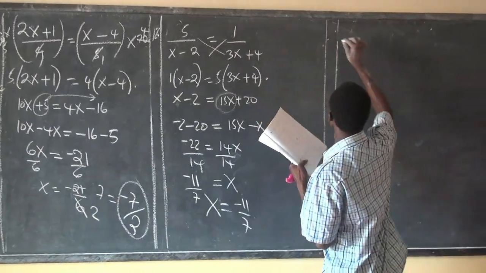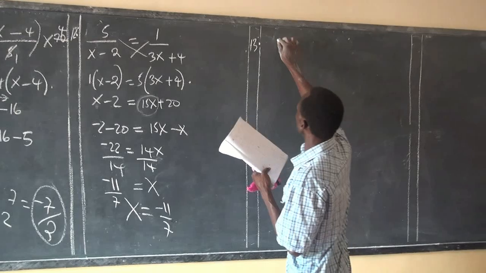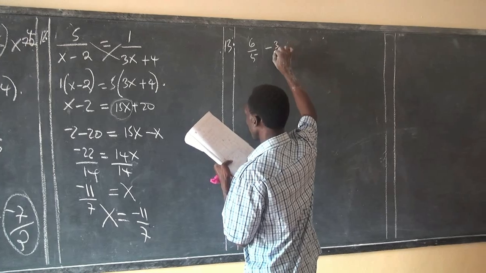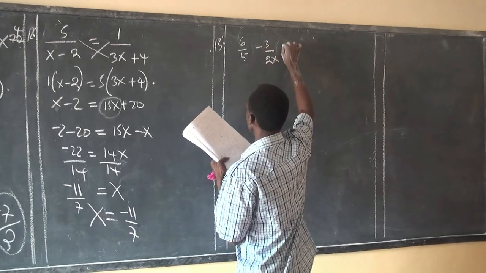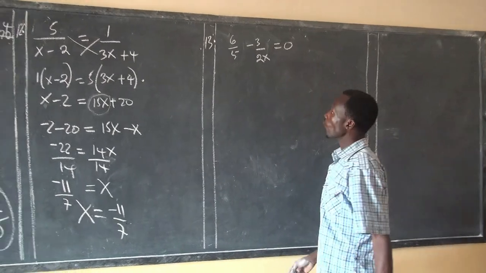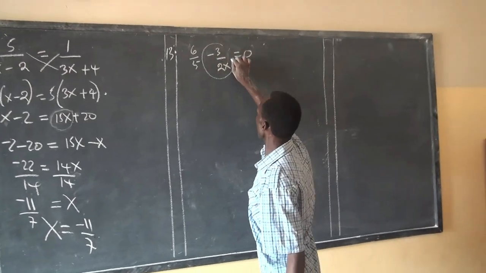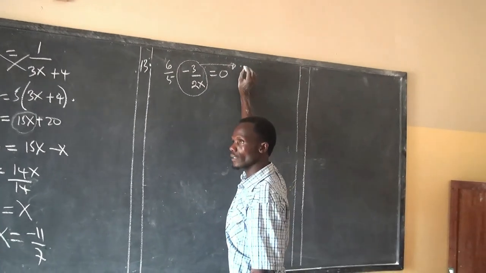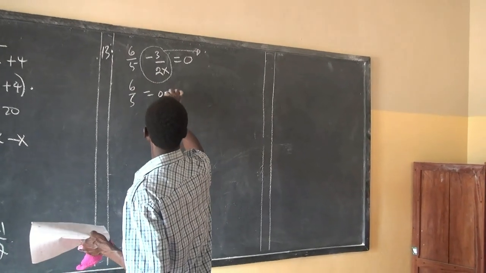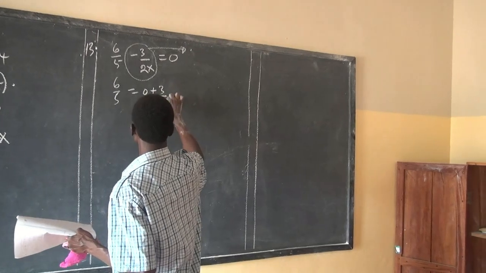Now, example number 13. It is 6 over 5 minus 3 over 2x is equal now to 0. For this question, you take this number to the other side. Then it becomes 6 over 5 is equal to 0 plus 3 over 2x.